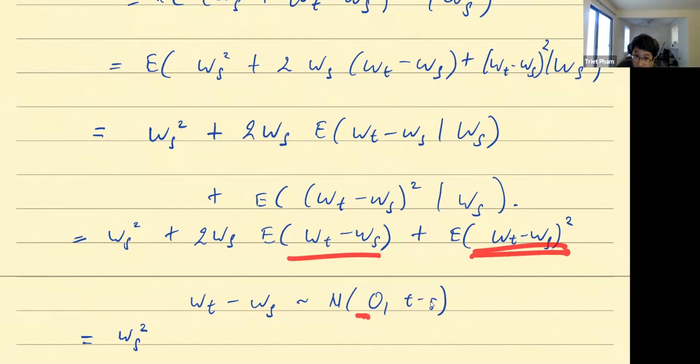This is the second moment, but the second moment is the variance plus the square of the first moment. The first moment is 0, so the second moment is just t minus s. And that's the answer. Any question here?